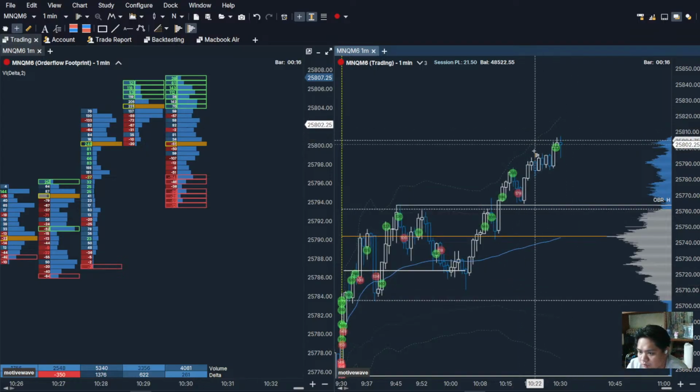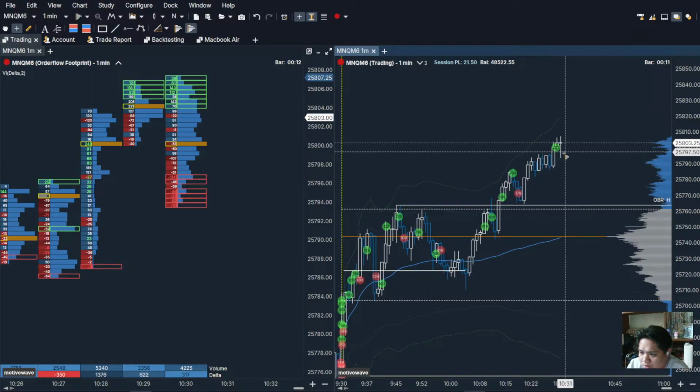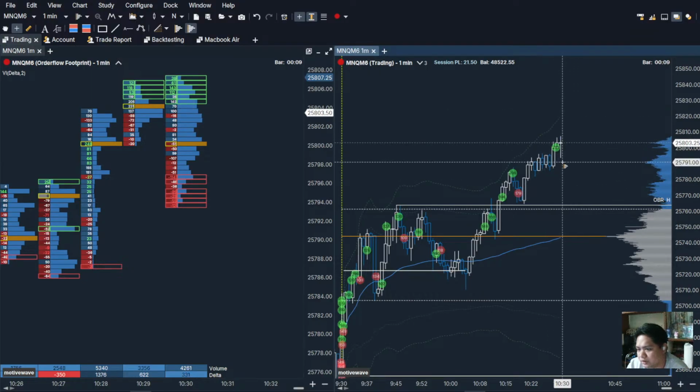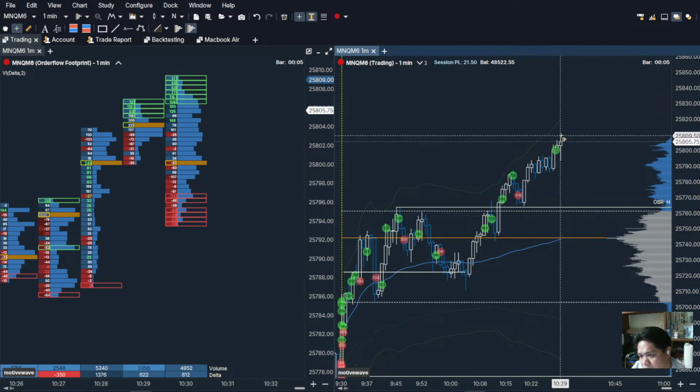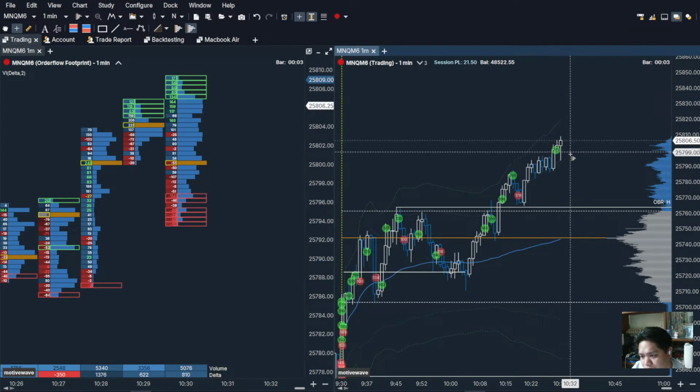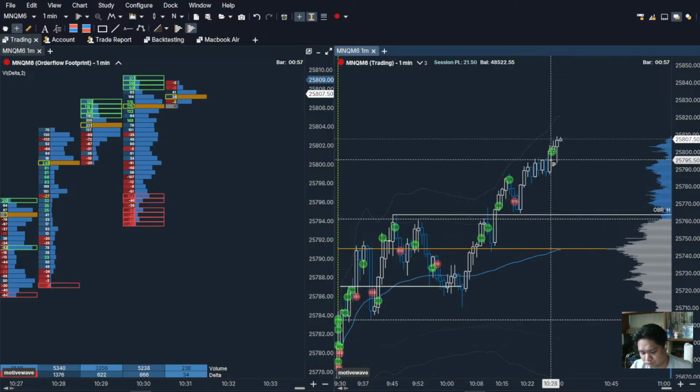Okay, let's look for a swing high happening first. Buyers are still present, guys. We'll see if we'll get absorptions happening.